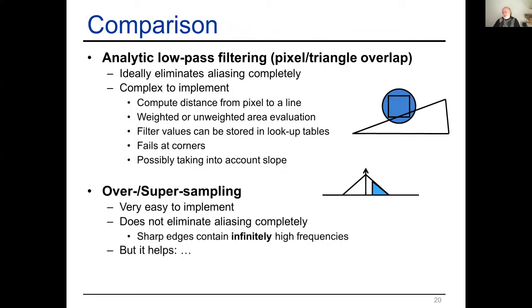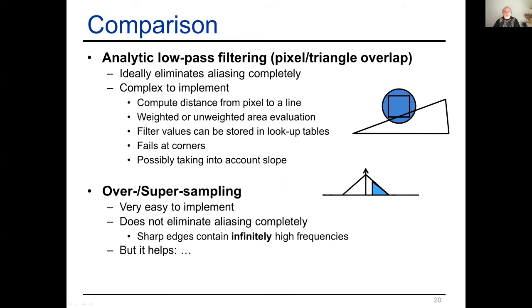So one of the things that people have tried in the past is, if you have a rasterizer and want to render a triangle on your screen, you assume your pixels to be either quadratic or maybe a circle.